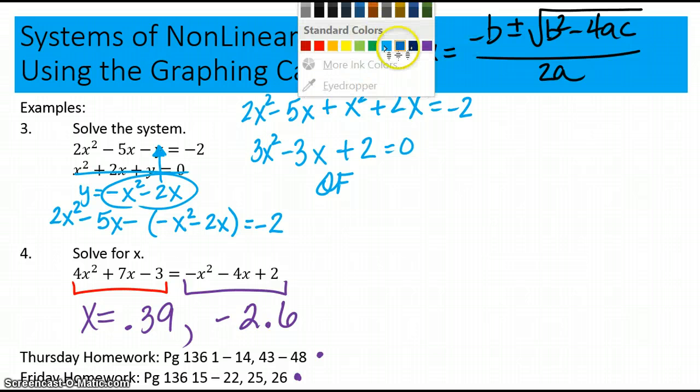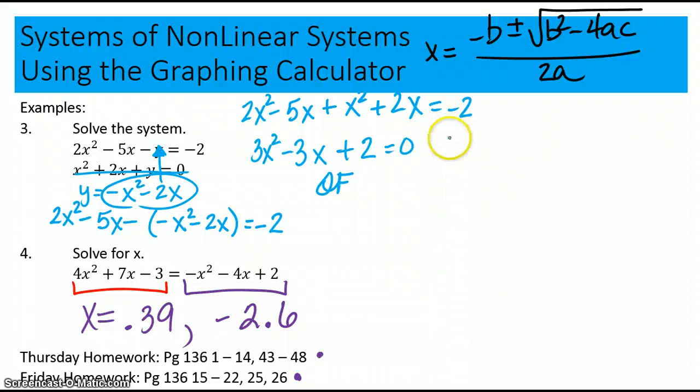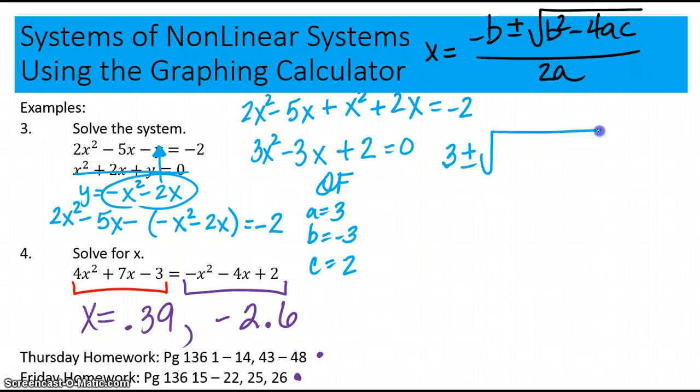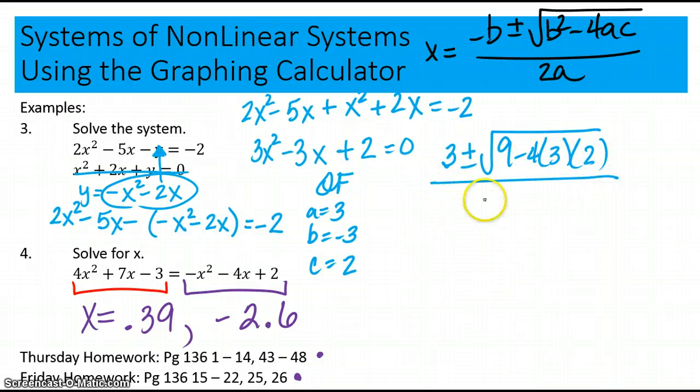So we're going to go ahead and plug into the quadratic formula here. And we get a is 3, b is negative 3, and c is 2. So we get 3 plus or minus square root 9 minus 4 times 3 times 2, all over 2 times a, which is 6, and this is what x is going to equal.